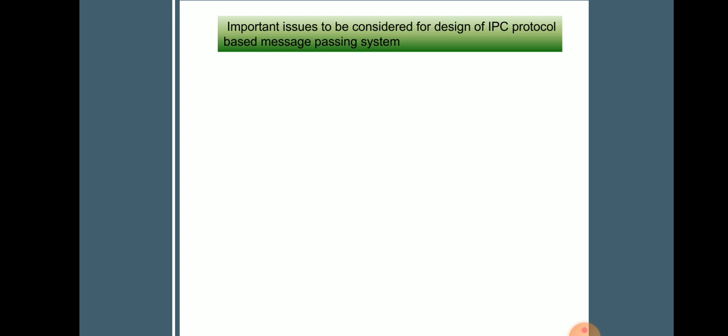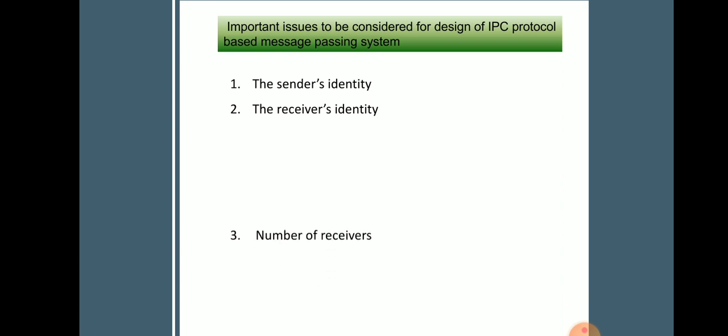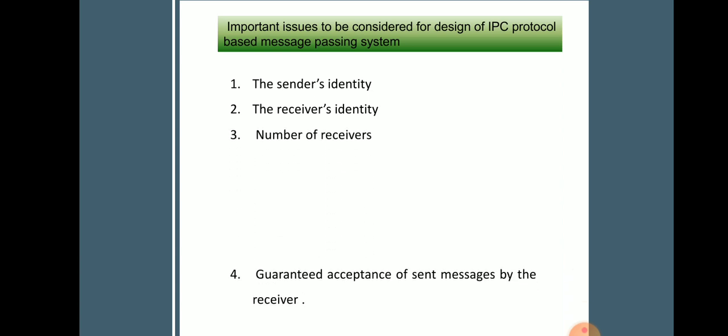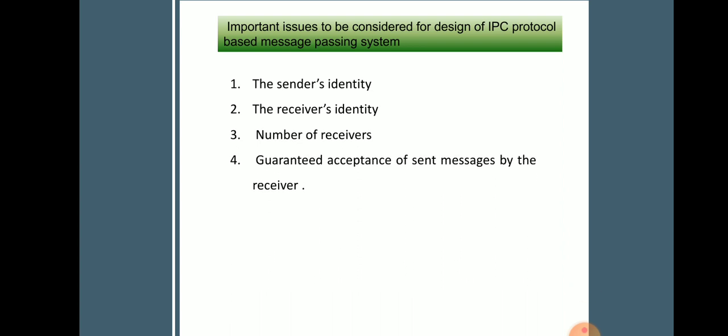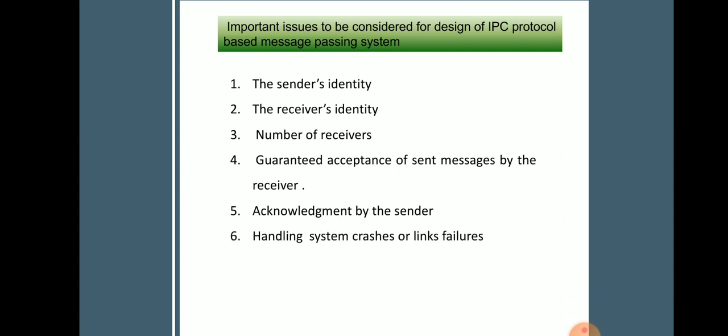First is the sender's identification, then the receiver's identification, the number of receivers, how many receivers are available, then the acceptance of a sender's messages by a receiver, then acknowledgement by the sender, then the handling of system crashes whenever there is a failure, then handling of buffers and others to deliver the message.